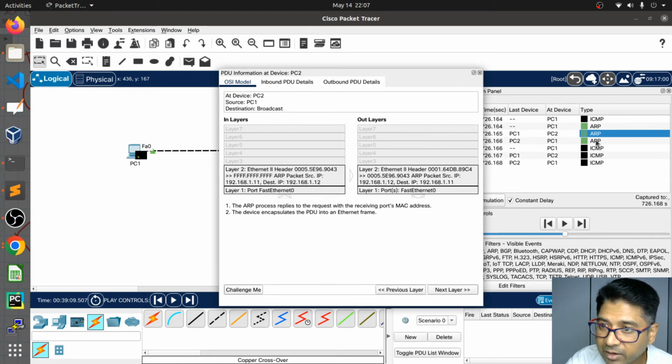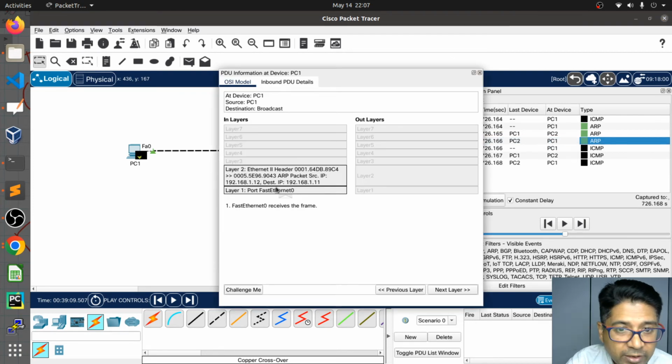Now, after that, PC2 is going to build this MAC address in its ARP table. PC1 has an ARP table and PC2 also has an ARP table, meaning every PC is going to create an entry in the ARP table.